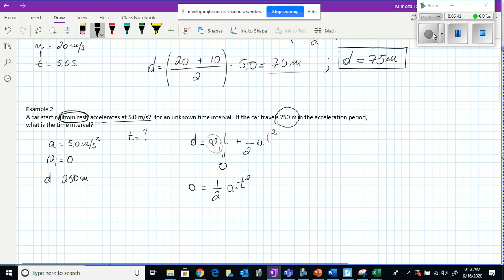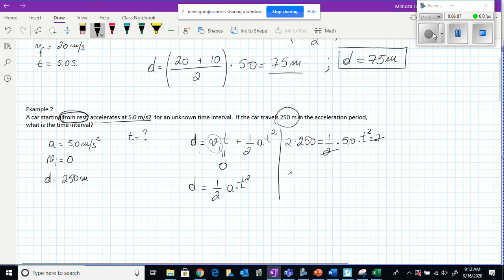So in this expression now we have everything. We have that the displacement is 250 meters, 1/2 times the acceleration 5.0, and then we have the time squared. Let's solve this now. Multiply both sides by 2, so the 2 is canceled out.